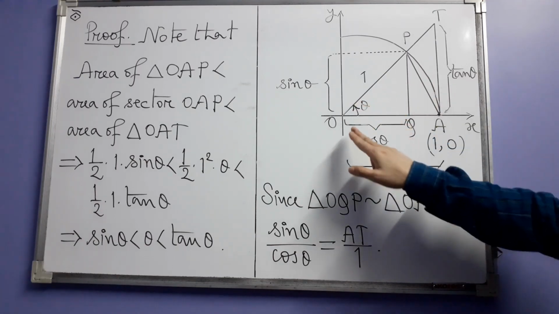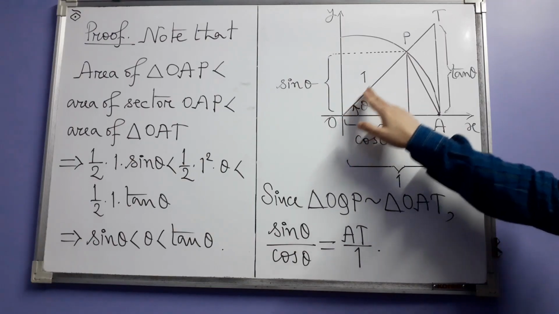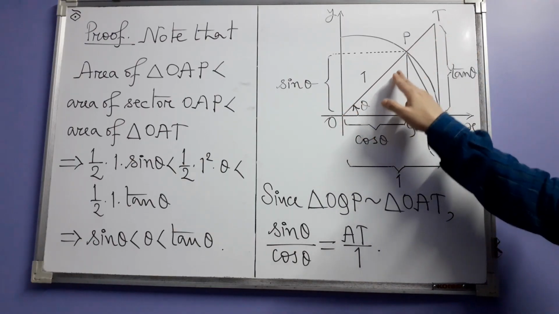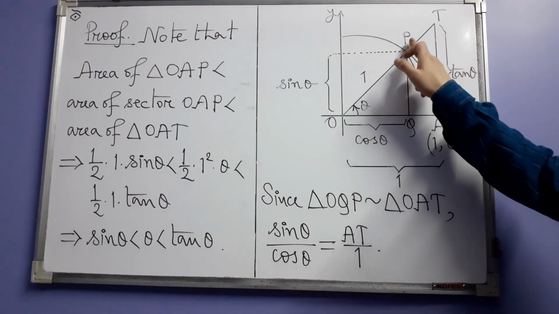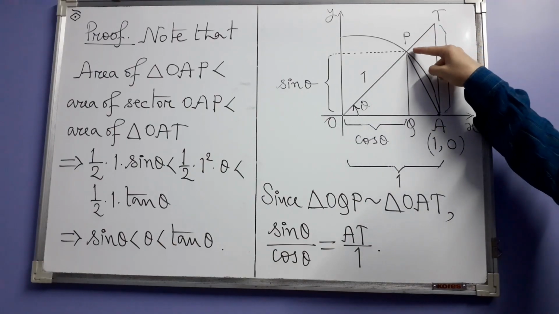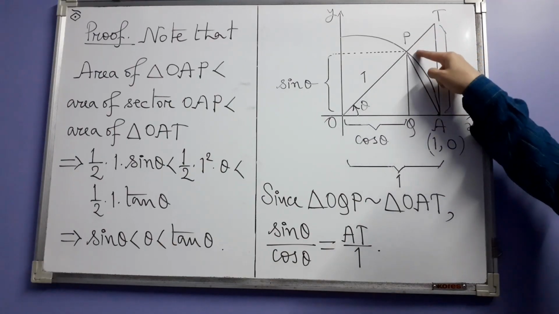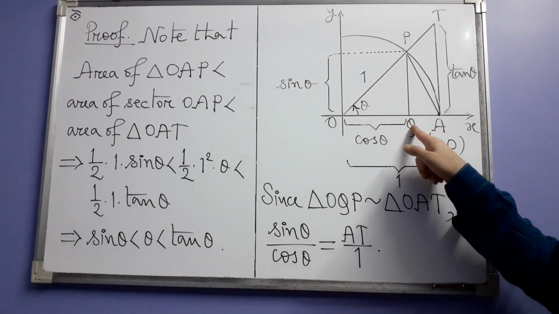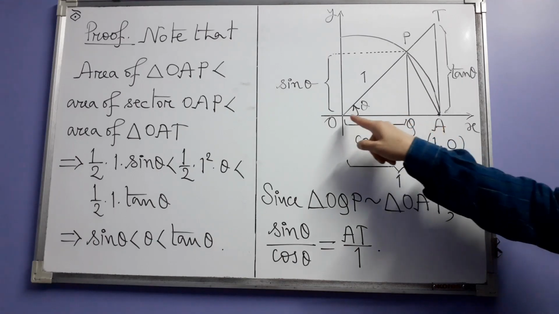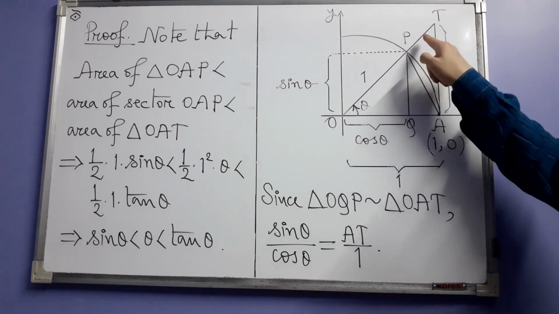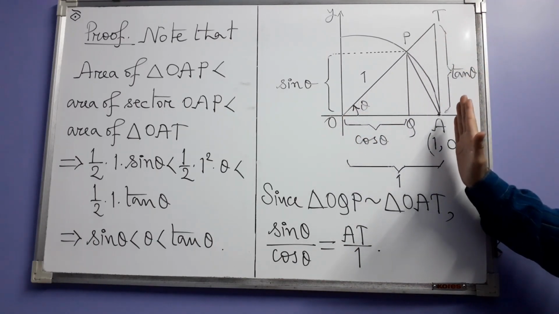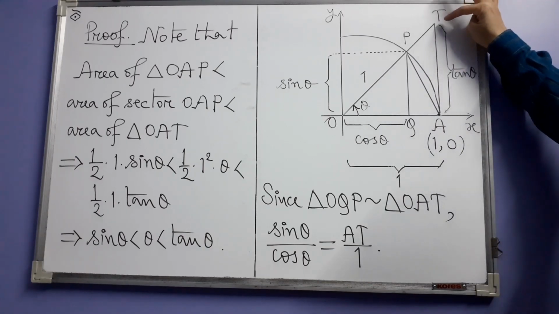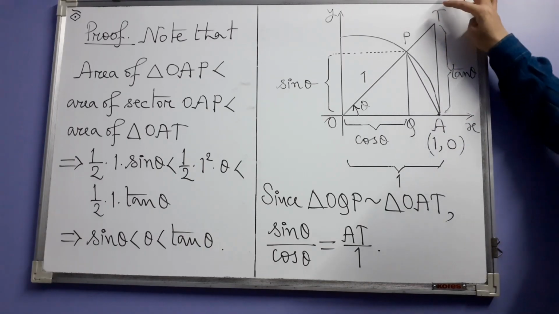Alright, so now the terminal ray of this angle theta intersects the unit circle at the point P. You can also see that we have drawn a perpendicular from P on the x-axis whose foot is Q. But additionally, we have also extended the line OP, which intersects this perpendicular line at the point T. What is this perpendicular line?